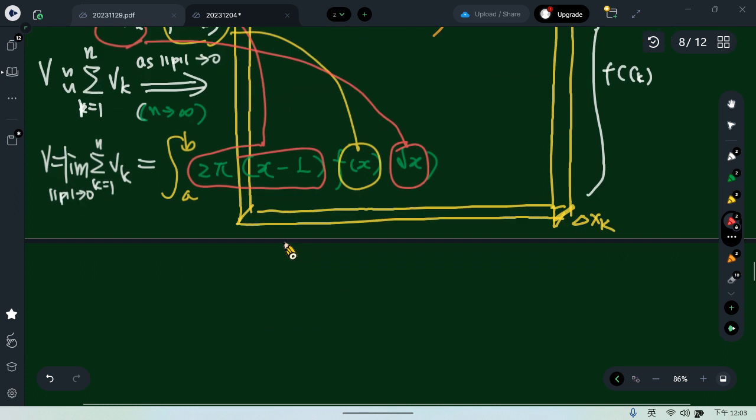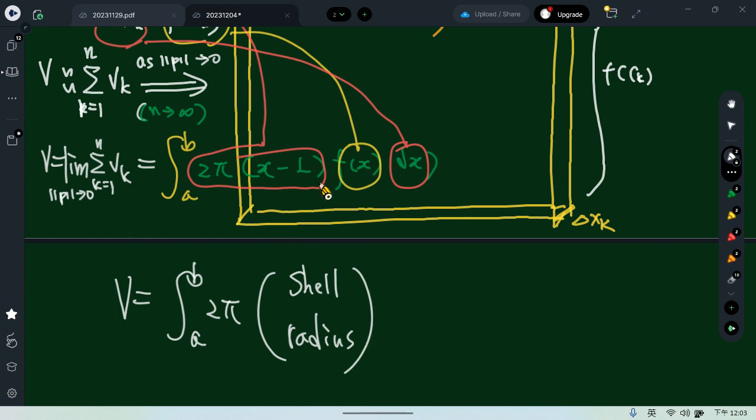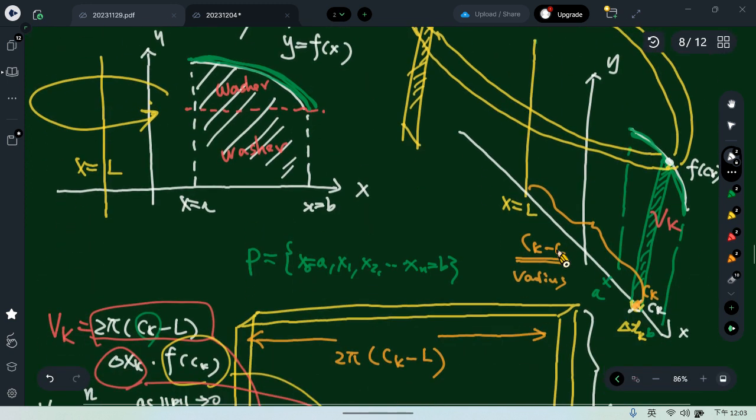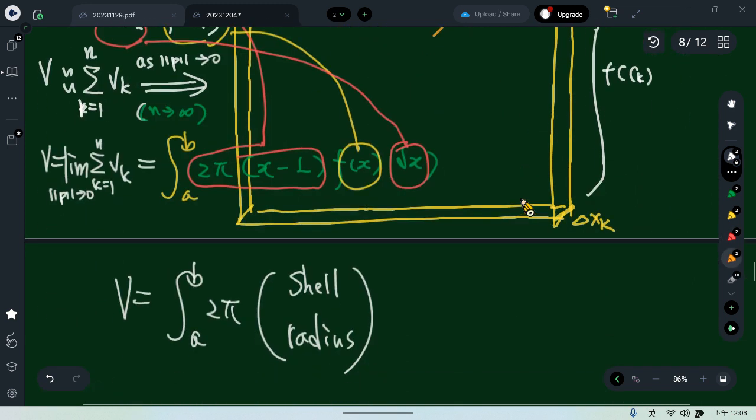Sometimes we have another way to memorize it: V is equal to the integral from a to b of 2 pi times shell radius. What is shell radius? For each point, it is the distance between the point and the rotating axis, so this is x minus L. And also shell height.